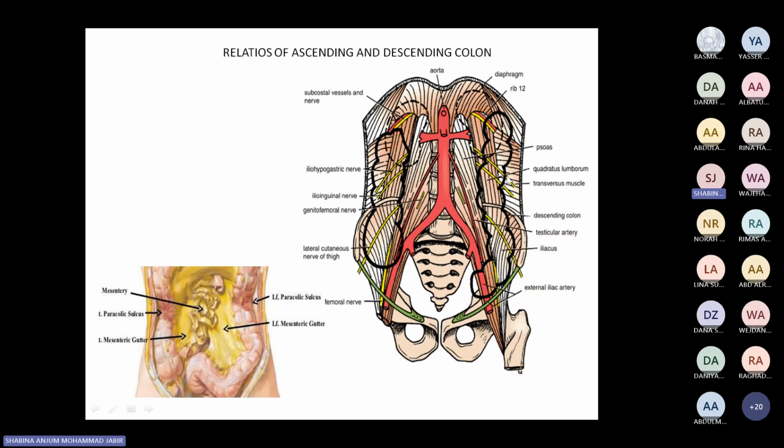You can see iliohypogastric and ilioinguinal, and we have already seen this is the lateral cutaneous nerve of thigh, and this is the femoral nerve. In the upper part you have the lower pole of the kidney, and here you will have the subcostal nerves and vessels.